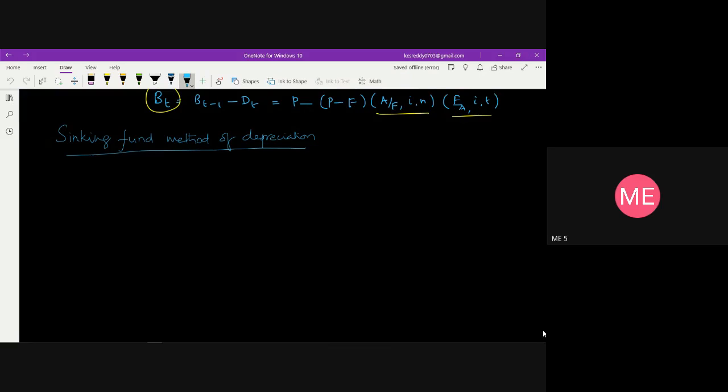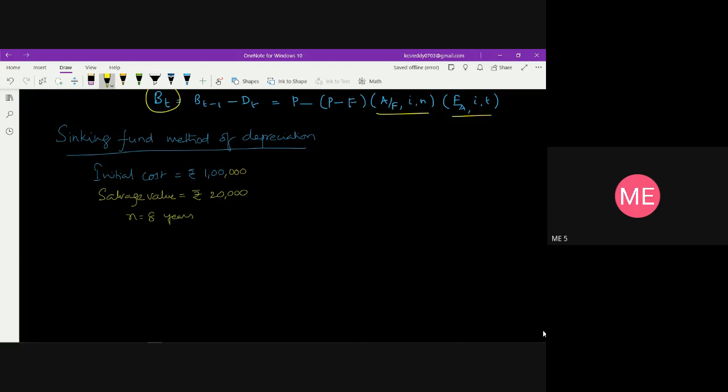Consider, for example, the initial cost of a particular machine is, say, rupees 1 lakh. Salvage value is given as, say, rupees 20,000, and the service life is given as 8 years.